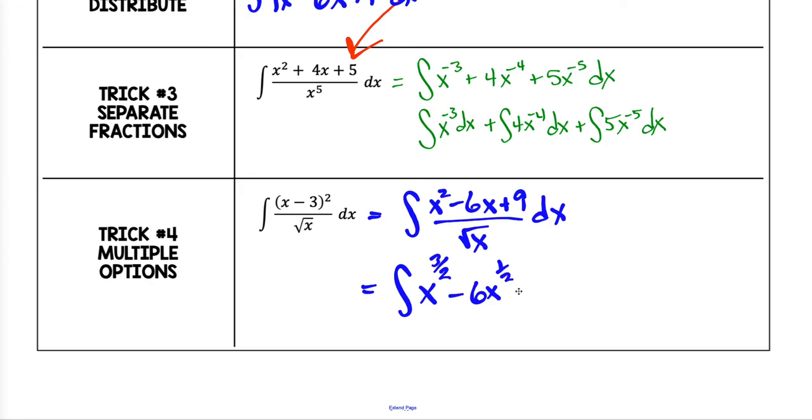And then 9x to the negative half. Very close. Nice job. That's pretty tough to do on the spot, just trying to read it off for everybody. There isn't anything technically wrong with using decimal powers, but you're going to want to use fractions, and you'll find out why.